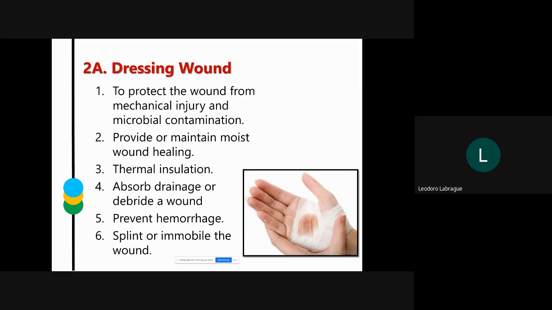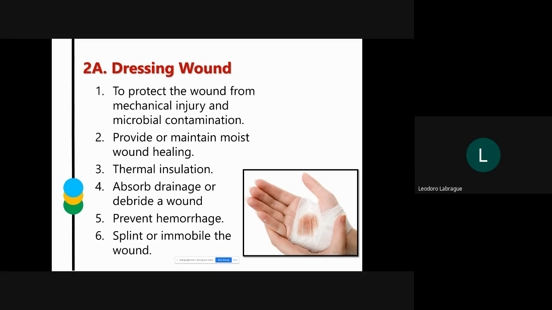So what do you understand about wound dressing? Wound dressing is normally applied or performed on your patient in order to protect the wound from mechanical injury. Dressing the wound is simply covering it with sterile material to protect the wound from mechanical injury.